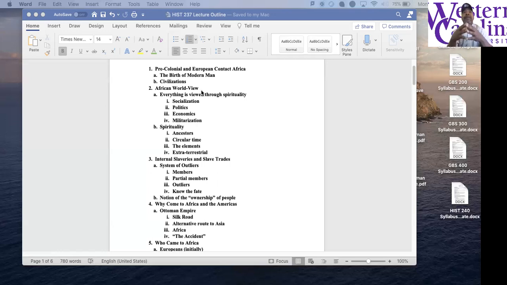So when we think of ancestors as an American in 2021, when we think of ancestors, we think of those who have lived and died, simply. But no, there are three elements in many of these societies.